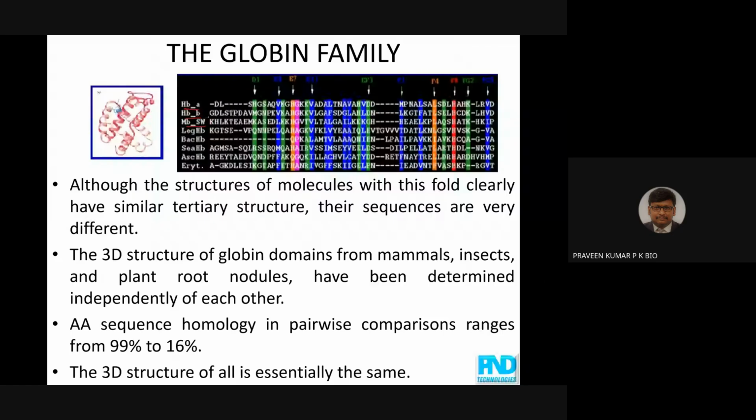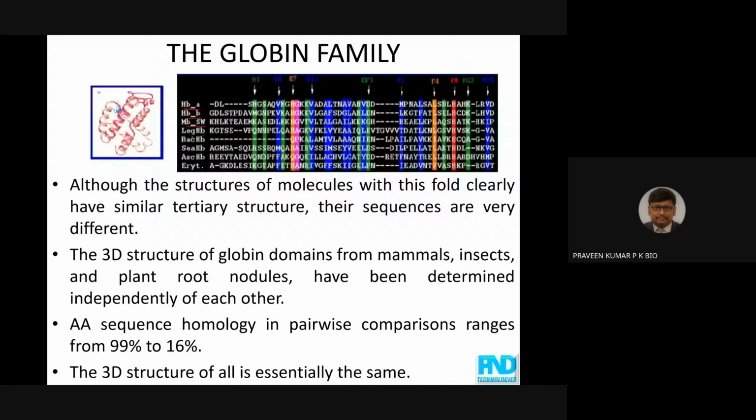So these are the wonders: if you take all these protein structures, they look very similar. You can't distinguish this blood protein hemoglobin from the muscle protein myoglobin. Structure-wise you find them the same, but only the sequence varies.